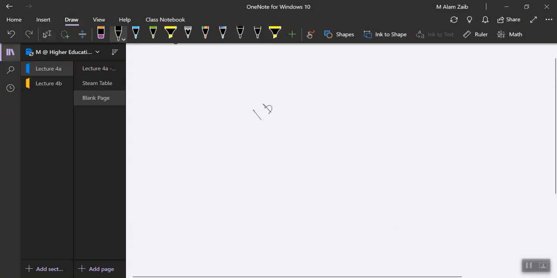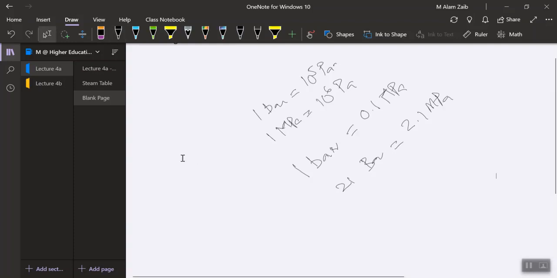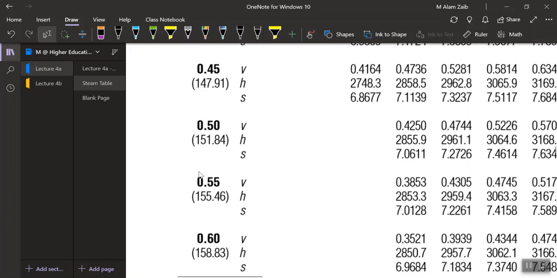So 1 bar is equal to 10 to the power 5 pascal, and 1 megapascal is equal to 10 to the power 6 pascal. If you divide, 1 bar would come up as 0.1 megapascal. So 21 bar would be equal to 2.1 megapascal. Make sure you convert it to megapascal because your steam table is in megapascal.